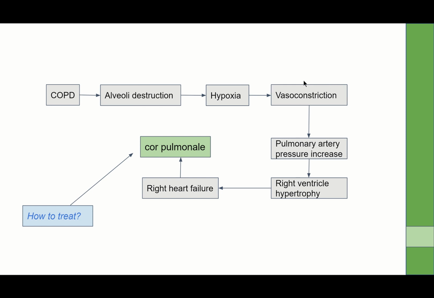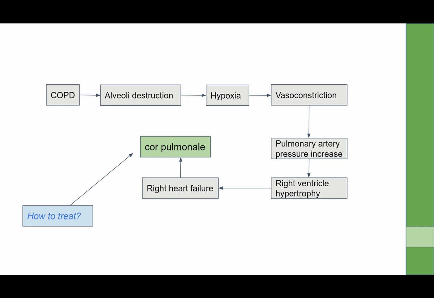As you can predict, the pulmonary artery pressure will increase due to this large vasoconstriction. The increased pulmonary artery pressure will cause right ventricle hypertrophy, because the right ventricle needs to pump blood to the lung in order to exchange gas.